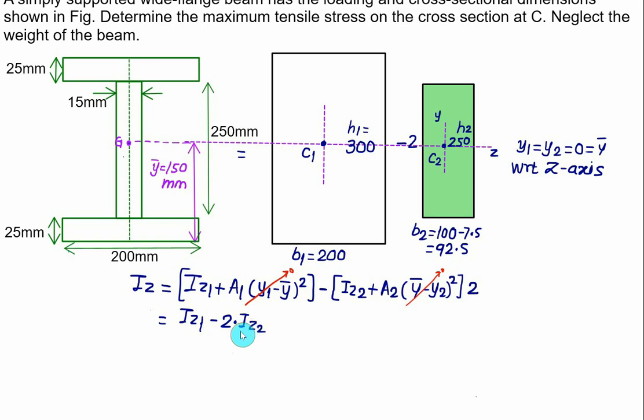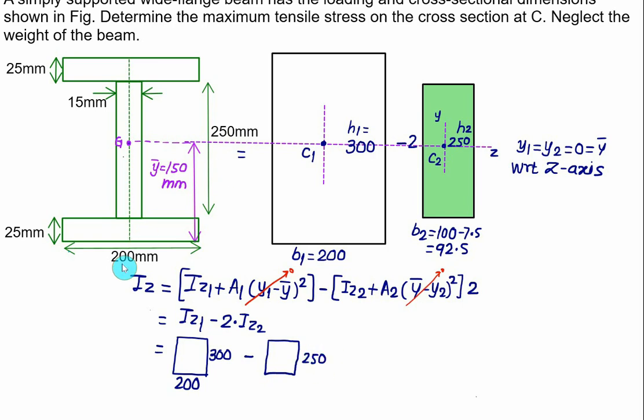Now 2 times Iz2 means that if we consider this rectangle and this total rectangle, that will be equal to 2 times Iz2. So Iz1 is basically a rectangle of the original dimensions, width equal to 200 and height equal to 300. And the height of this rectangle except the web, I will show the height first, will be the same, equal to 250.